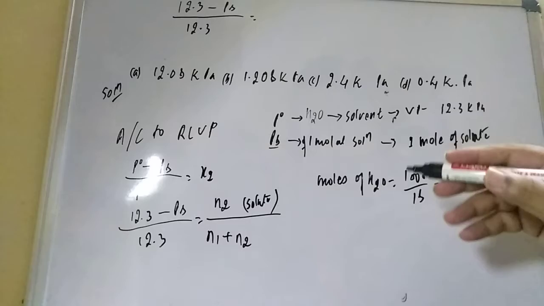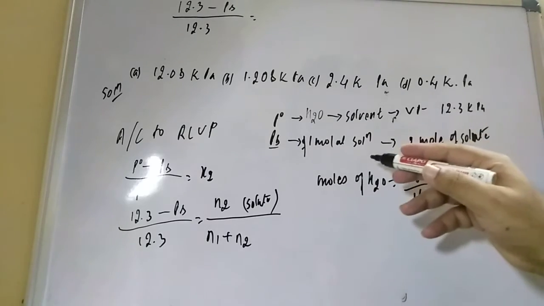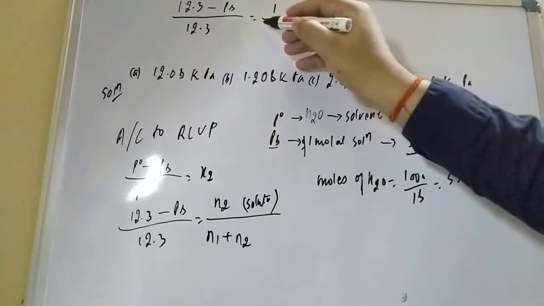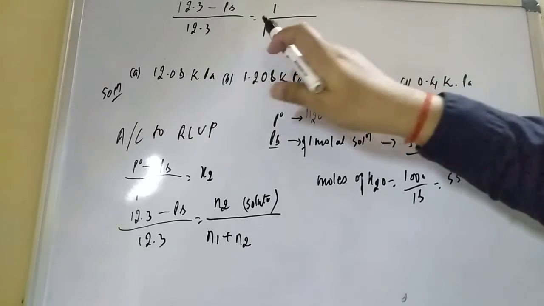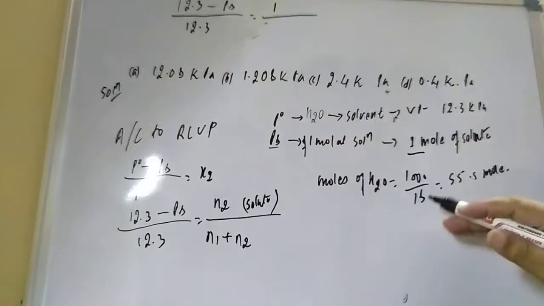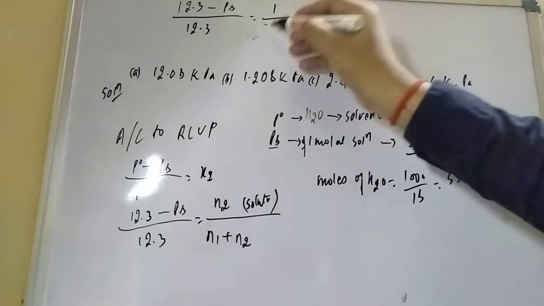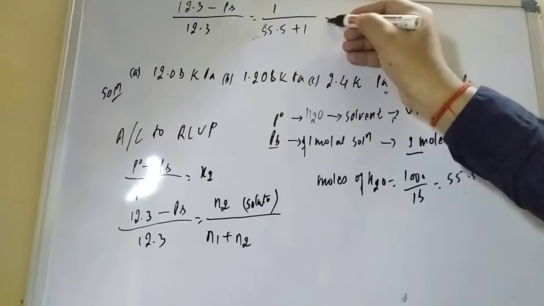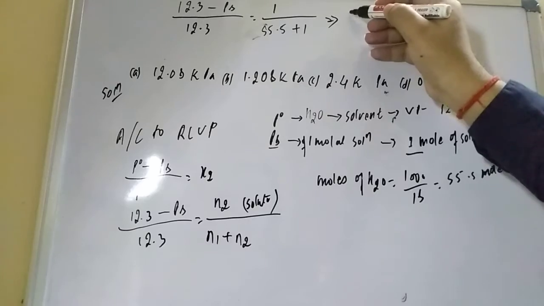So how much solute is there, student? 1 molar solution. 1 molar means 1 mole is dissolved. So 1 divided by the moles of water. How much is there? 55.5. So 55.5 plus 1.